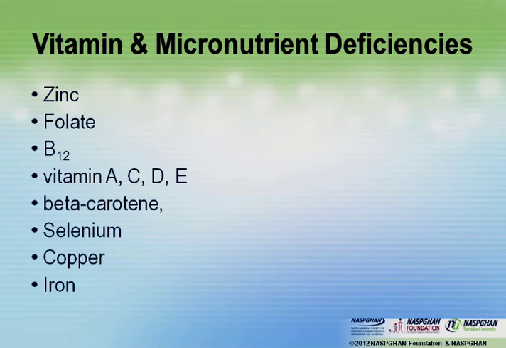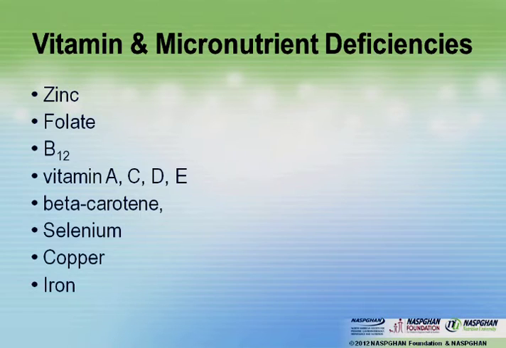So there are a variety of vitamin and micronutrient deficiencies that have been described in inflammatory bowel disease, including zinc, folate, B12, vitamins A, C, D, and E, beta-carotene, selenium, copper, and iron. I'm not going through all of them, but I talked about vitamin D already. We discussed iron. We'll talk about zinc.